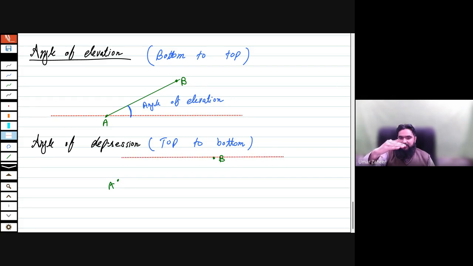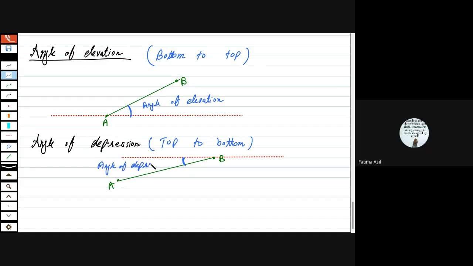It is your eye level. You have to see something that is going downward. This is the angle of depression.